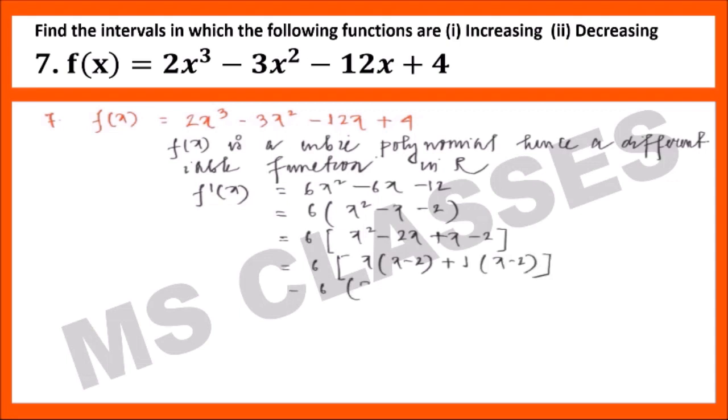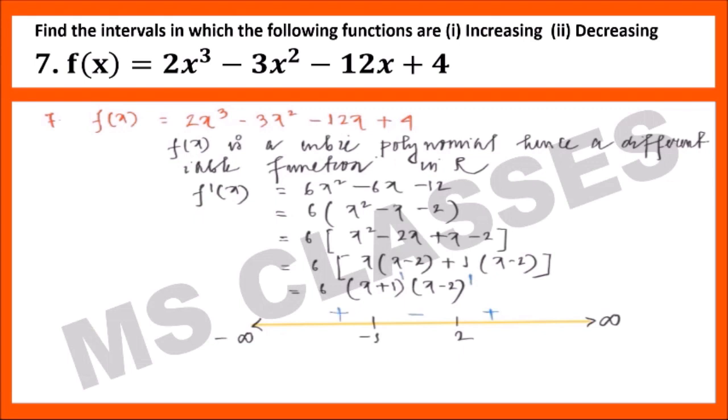So 6 into (x plus 1) into (x minus 2). If we take a number line, it is minus infinity to infinity, minus 1, 2, plus, and for odd power the sign changes.